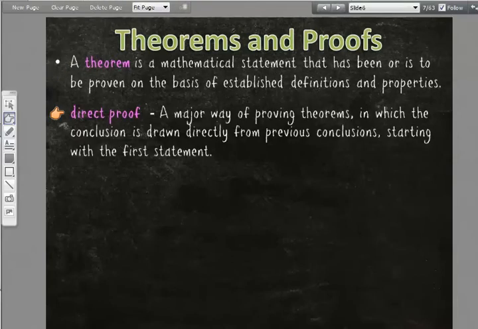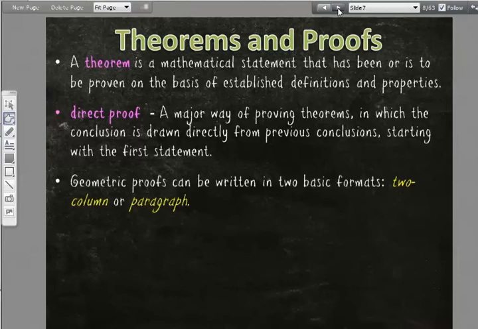Alright, now a direct proof is a major way of proving theorems in which the conclusion is drawn directly from previous conclusions, starting with the first statement. And of course, you're going to understand that a little bit better once we get into doing proofs. Then geometric proofs can be written in two basic formats, the two-column proof or the paragraph proof.